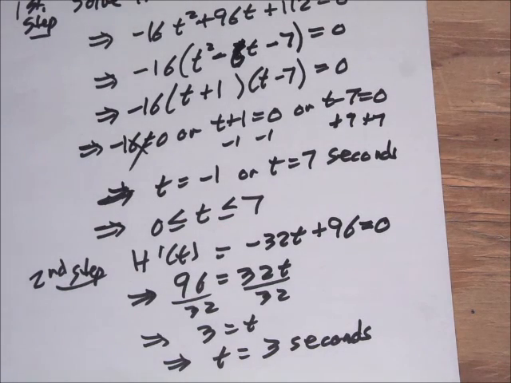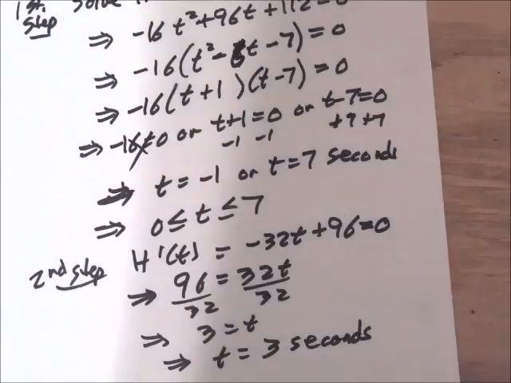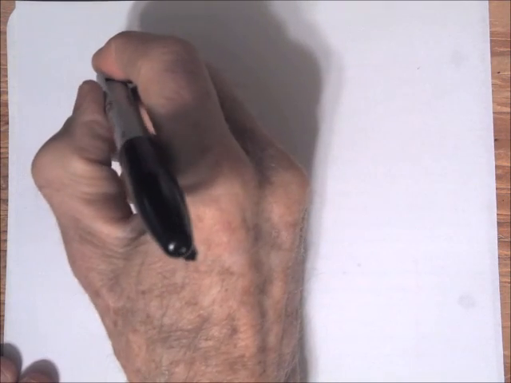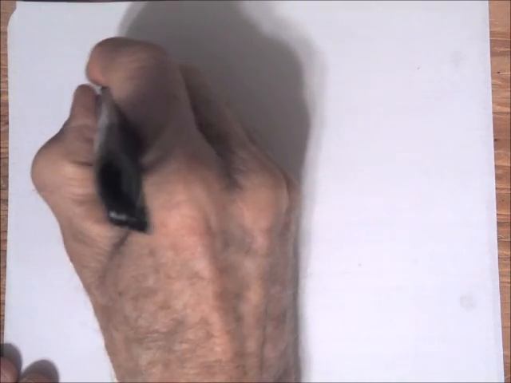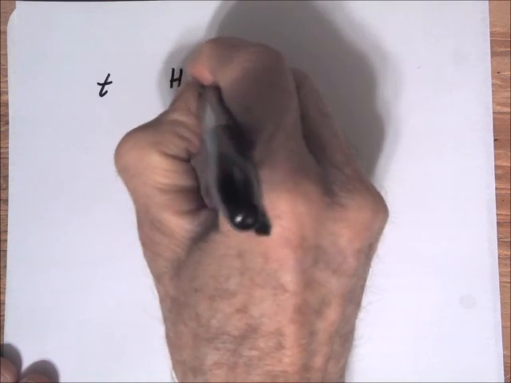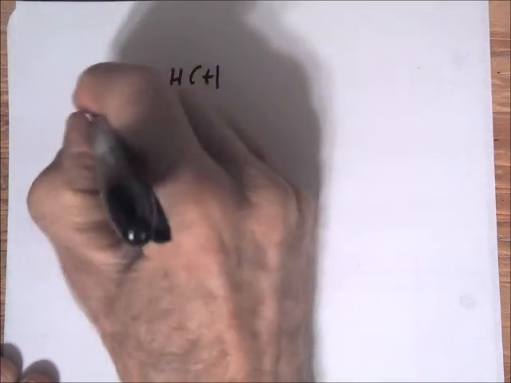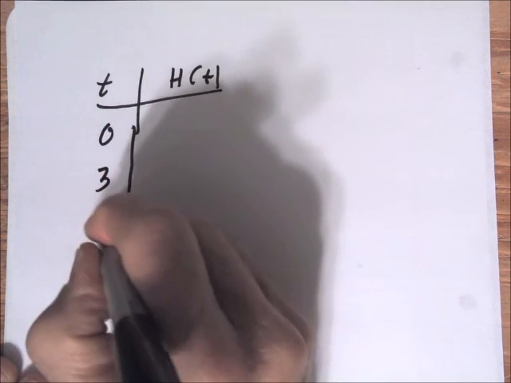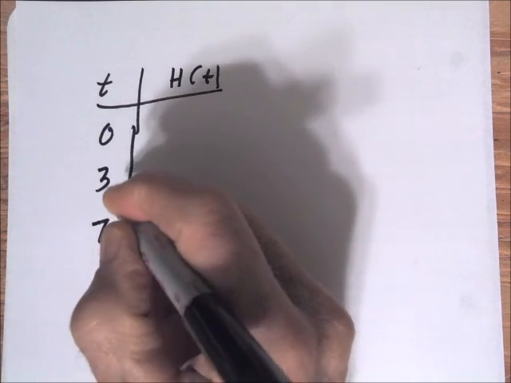The extreme values are going to occur either at the endpoints or at the critical number. So we just check h(t) at time 0, 3, and 7.